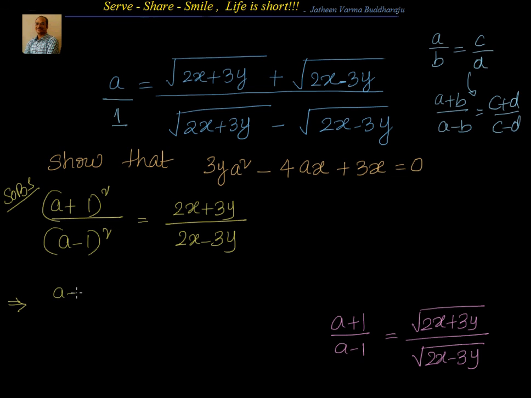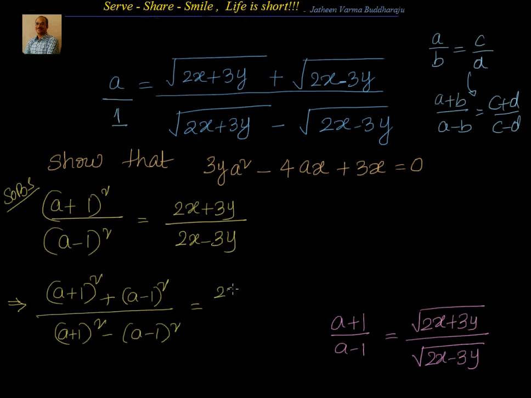You will get a plus 1 whole square plus a minus 1 whole square divided by a plus 1 whole square minus a minus 1 whole square is equal to 2x plus 3y plus 2x minus 3y divided by 2x plus 3y minus 2x plus 3y.